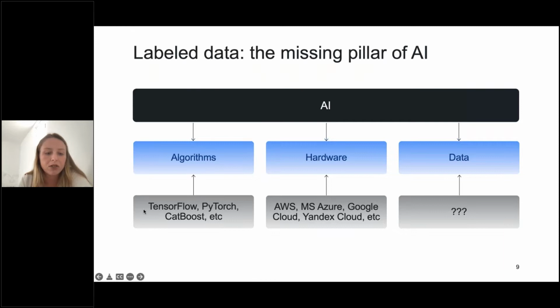We have really good libraries such as TensorFlow, PyTorch, maybe scikit-learn here as well. Hardware already as well has been explored a lot. We really have good storages and computing power of data, and it's available pretty much to everyday user. However, the data part has not been explored so much, and we don't really have any well-known tools in this area. And it's currently becoming a bottleneck for many AI products.